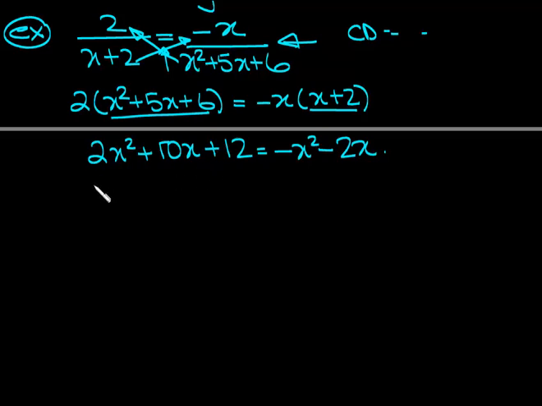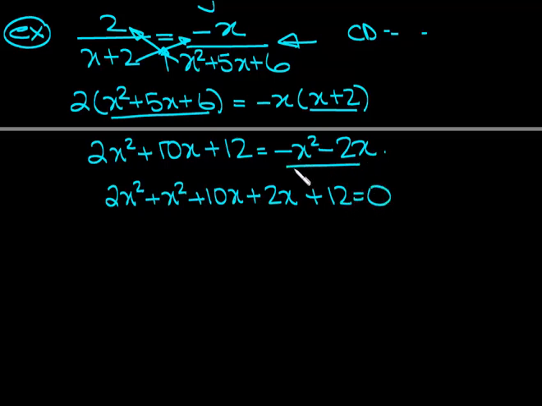So we move all the x terms to one side, so we get 2x squared plus x squared plus 10x plus 2x, and I did pick a bad example here, plus 12 is equal to 0.